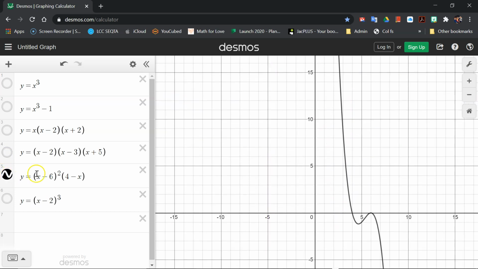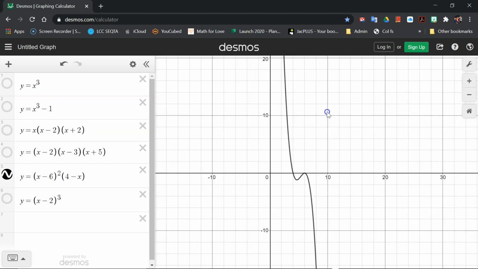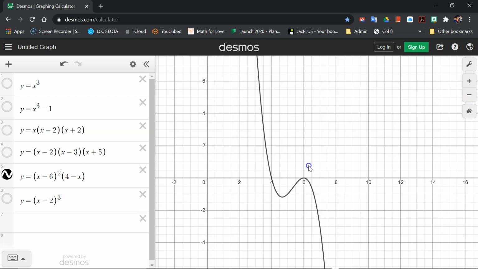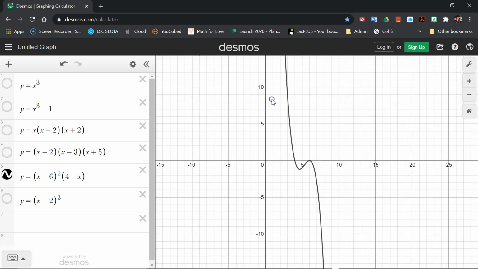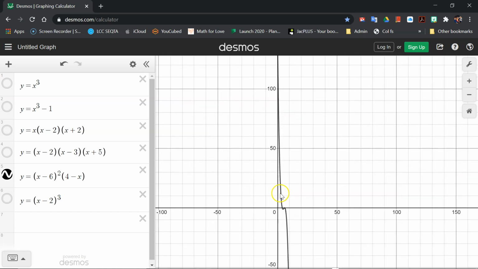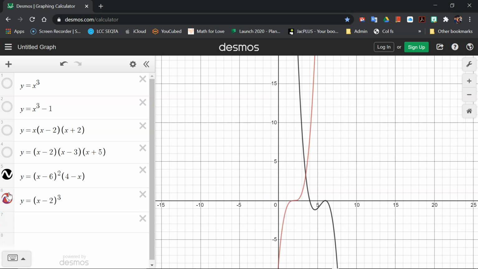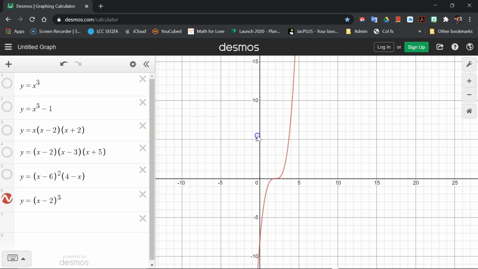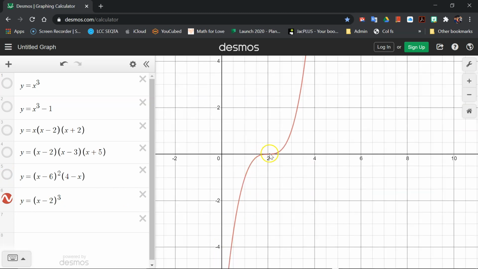Then we moved on to a cubic function which has 2 x-intercepts, and here we have 4 and 6, and obviously 144, it went all the way up to the top. And our last one was the cubic function which had 1 x-intercept, and we could see that it went up through minus 8, touched the x-axis at positive 2, and went back up.